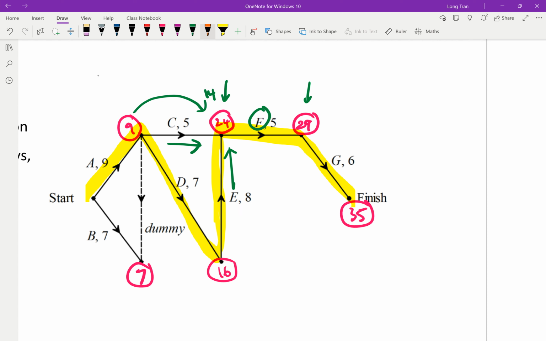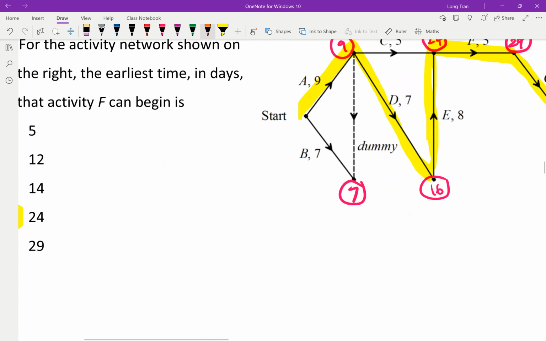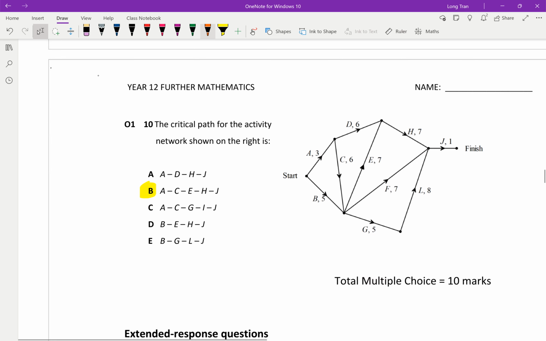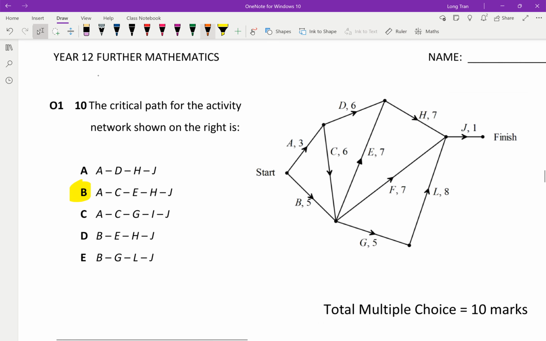So 15, that's why it's 24. So you can't say it's 14, because if you say 14, E hasn't completed. That means F can't start anyway. So you'd still have to wait a total of 24. That's the earliest start time that F can begin. Okay, so that's the logic. So usually your critical pathway will indicate that. So that's question 9.